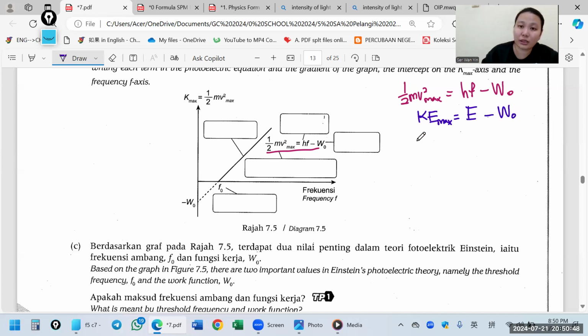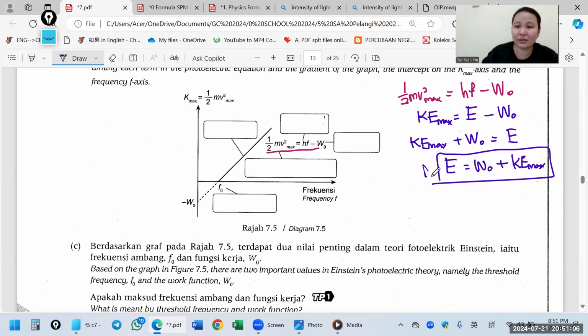If you rearrange it, KE max plus W naught equals the work function, and you switch again: E equals work function plus KE max. If you understand this original formula, you can just rearrange it using your linear equations only.